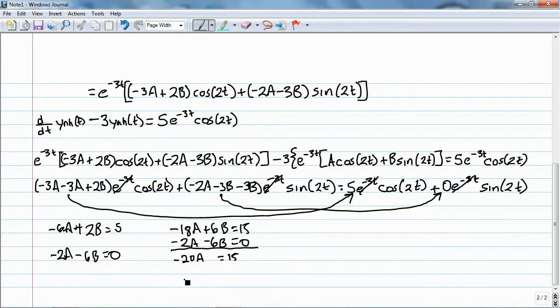So a is equal to negative 15/20, which is the same as negative 3/4. And I can take this solution and put it back into this equation, so I'm going to solve for b.